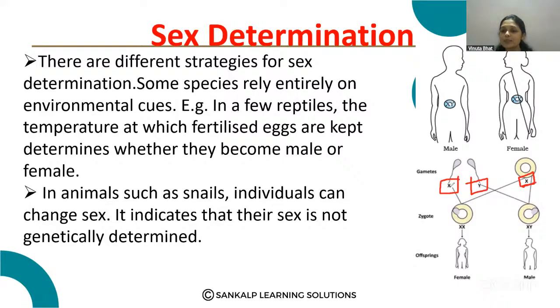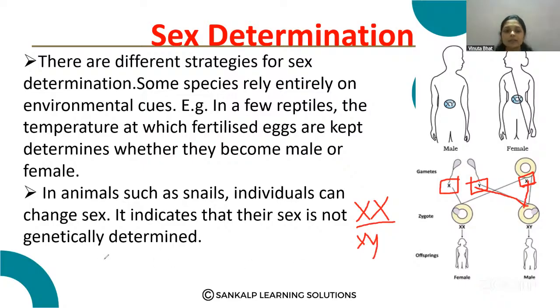Okay, when the sperm having the X chromosome fertilizes with the egg, which always contains X, that will become XX. And the sperm that contains Y fertilizes with the ovum, that will become XY.